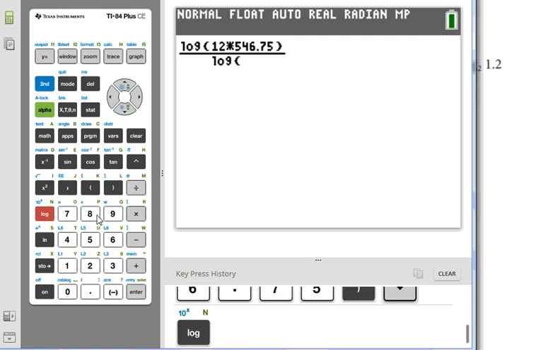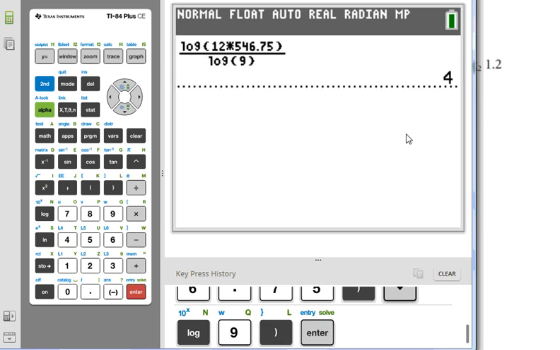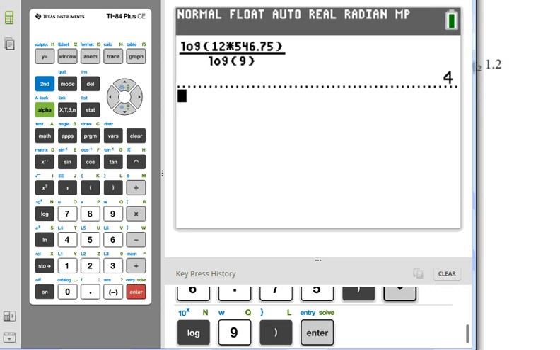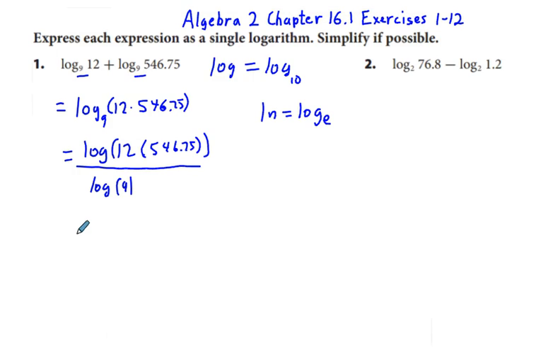So we just use the product property and the change of base formula, and we get 4. So our simplified answer for this one is going to be 4.